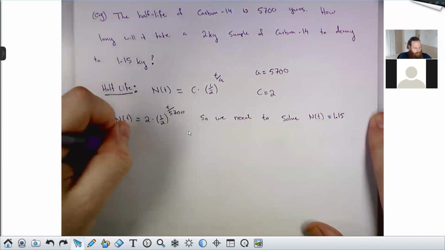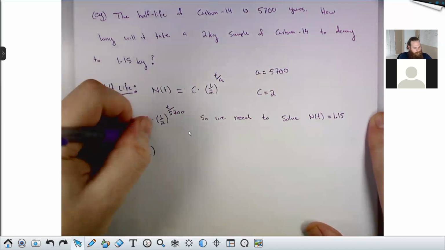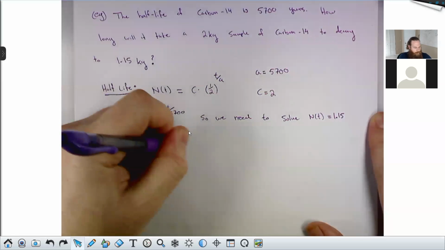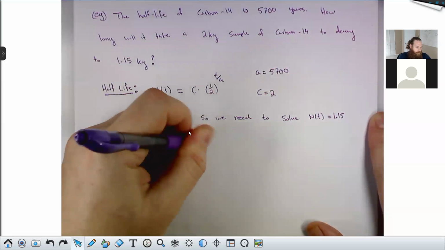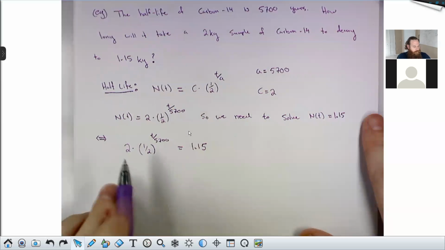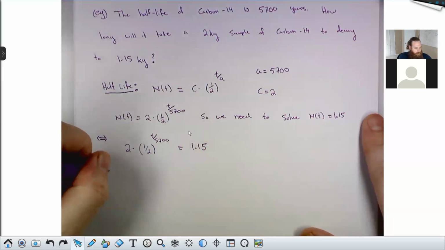And that means 2 times 1/2 to the t over 5,700 would be equal to 1.15. And the process for solving this is very similar to the process we used to solve the last exponential equation.